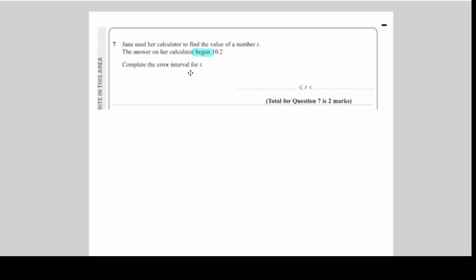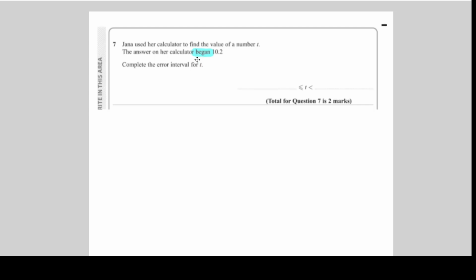The word began says that just cut off extra digits. It means the other digits you are getting in the calculator, you have to cut them off. You have to cut all the digits that you are getting in the calculator other than 10.2. You need to cut off without rounding off.